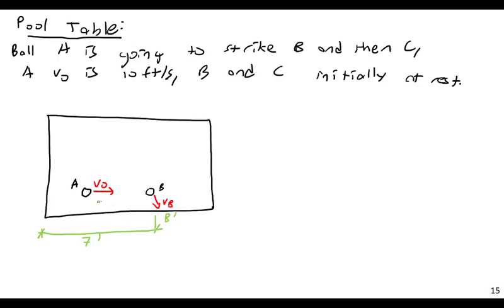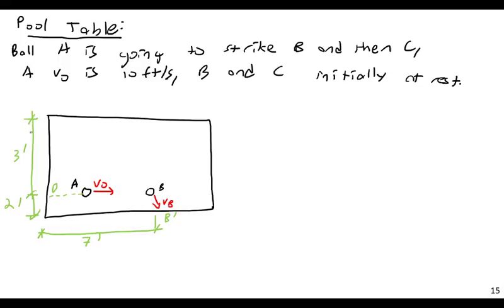7 feet. Then the initial position here is 2 feet. And let's call this point D. And up here, I cannot draw dimension lines. Up here, we are at 3 feet.